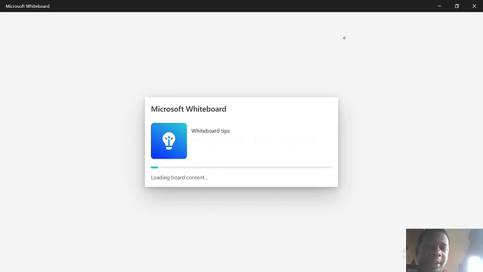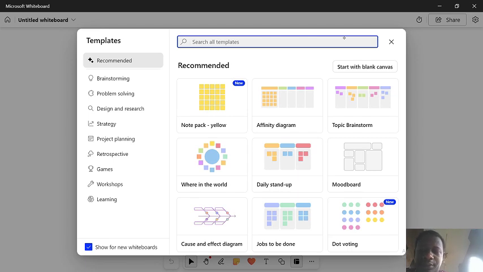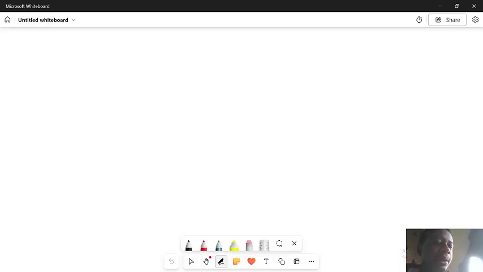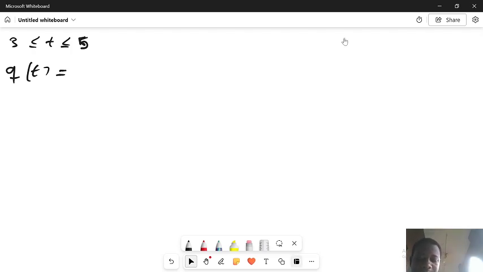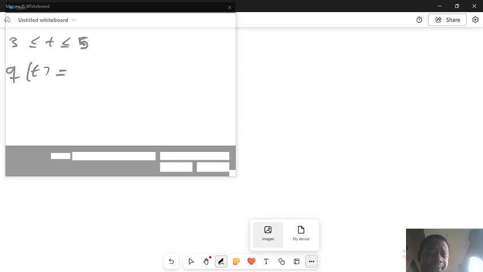Now I'm going to determine from 3 to 5. When t is less than 5, to determine the value of q, let me put the graph.